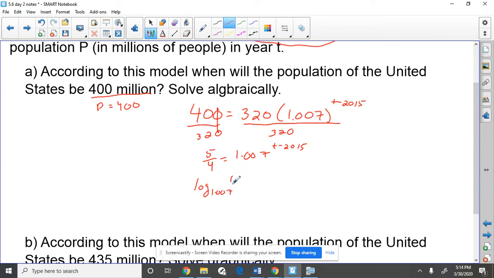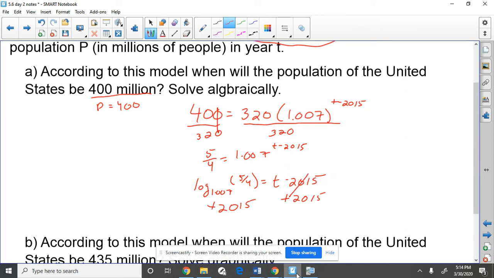The 5/4 is my argument, equals my exponent. So I'm going to take this logarithm, and then to solve for t, I'm going to have to add 2015 to that answer, and that'll give me t.